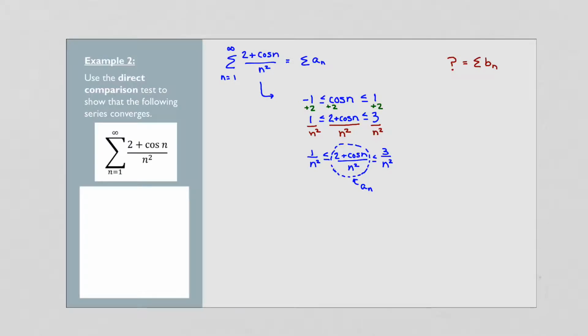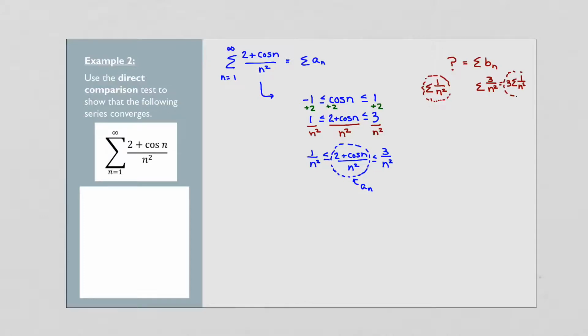Let's look closer at both of these series. Three over n squared, recall, can be thought of as 3 times the series 1 over n squared, because I can take out a constant multiple from a series. So they're really the same thing, so to speak, when it comes to what type of series they are.